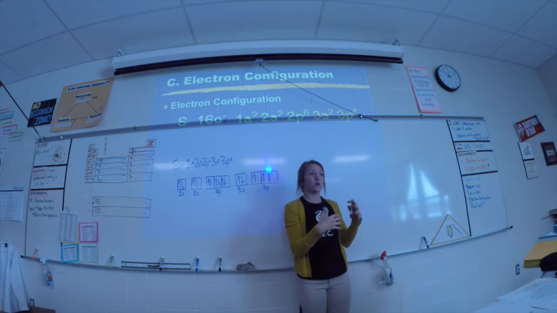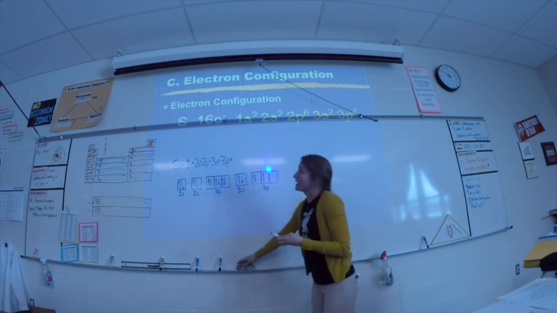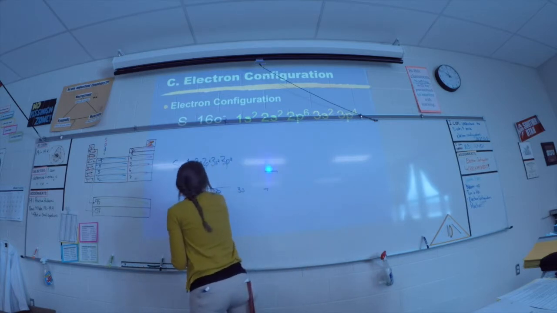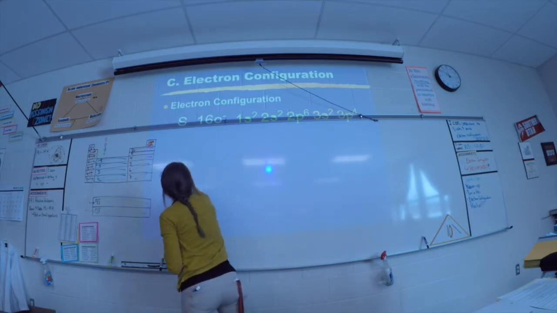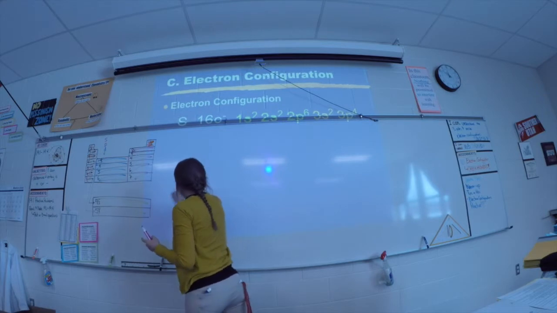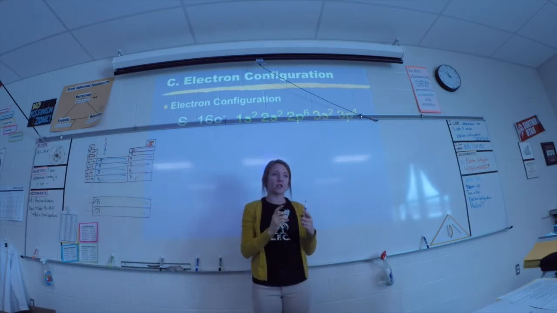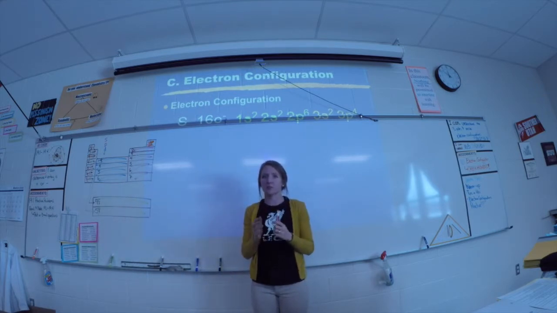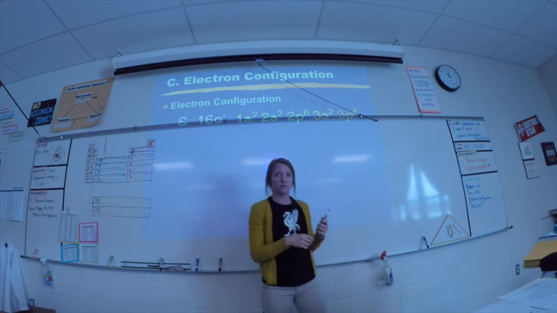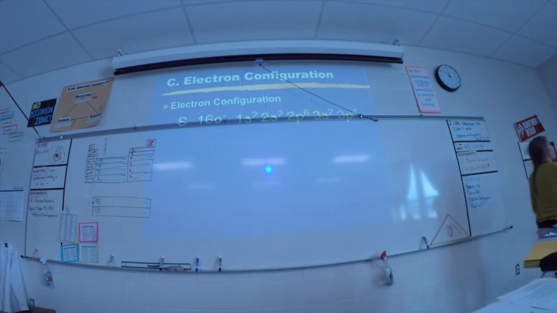So the abbreviated form kind of just groups them all together. If I wanted to write a shortcut for sulfur, the rule is you find the nearest noble gas that is lower in atomic number. Now, who remembers where our noble gases are? It's on the very far right, column 18.